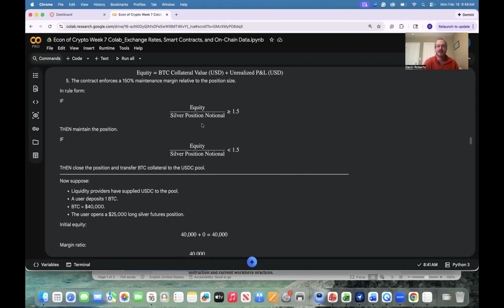So I can buy basically 2/3 of that value in silver, and then one divided by 2/3, so about $66 worth of silver, would be about exactly 1.5. That would be the maximum amount of silver that I'd be allowed to buy with my initial $100 Bitcoin collateral.